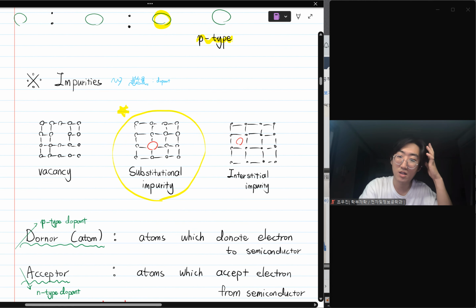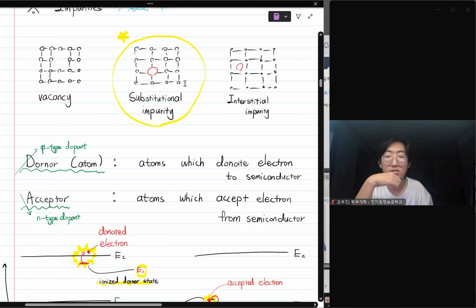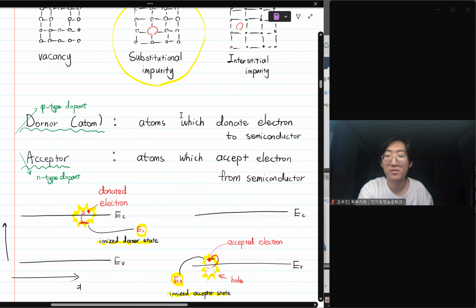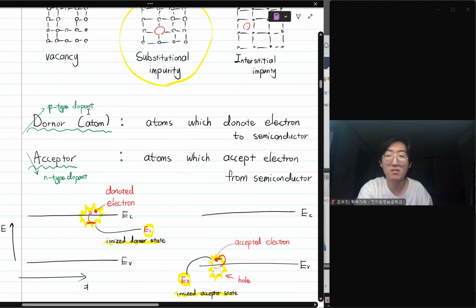Next I'm going to talk about impurities, and we mostly discuss substitutional impurities. There are donors and acceptors.